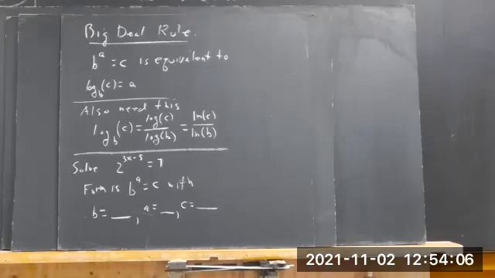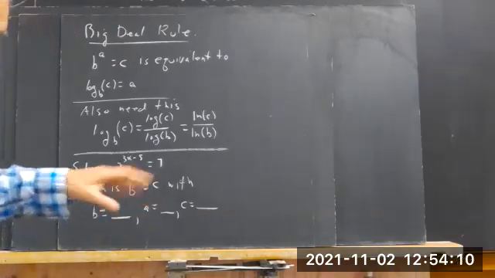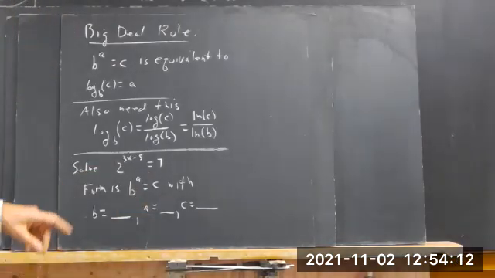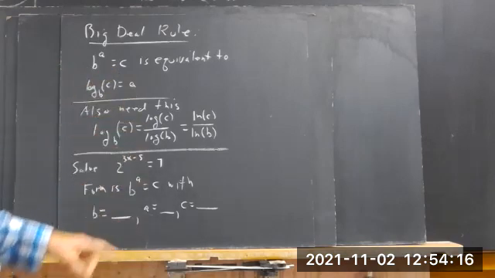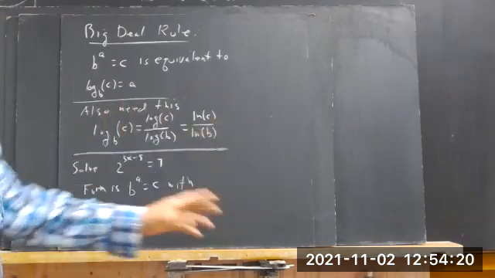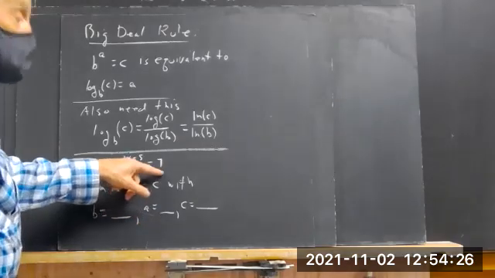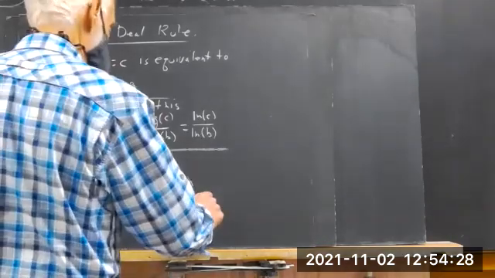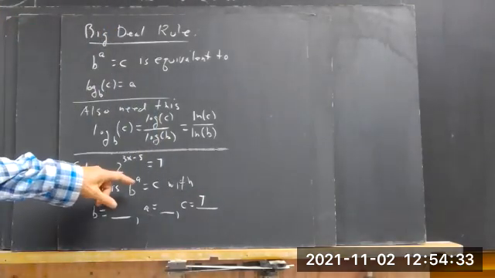Okay, you did pretty well on this. Most people got it. What's the easiest thing to identify? I'd say it's c because it's the only thing on that side of the equal sign, right? So c would be 7. What about a?